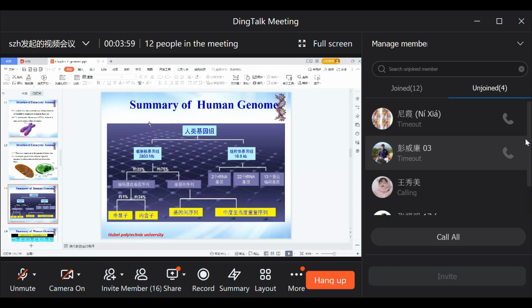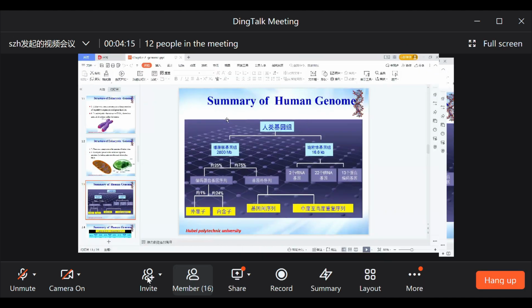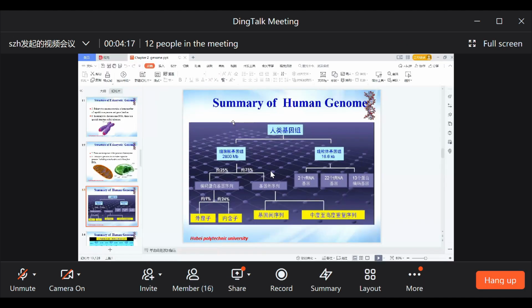Maybe some students think that for the mitochondria, these 37 genes are enough. But most of the proteins, most of the gene products, come from the nucleus.